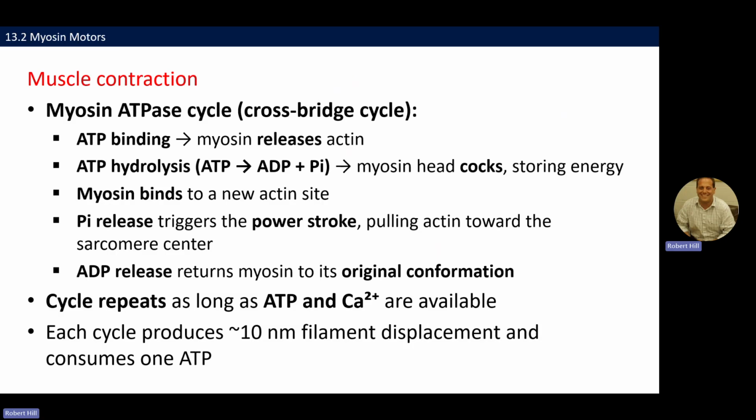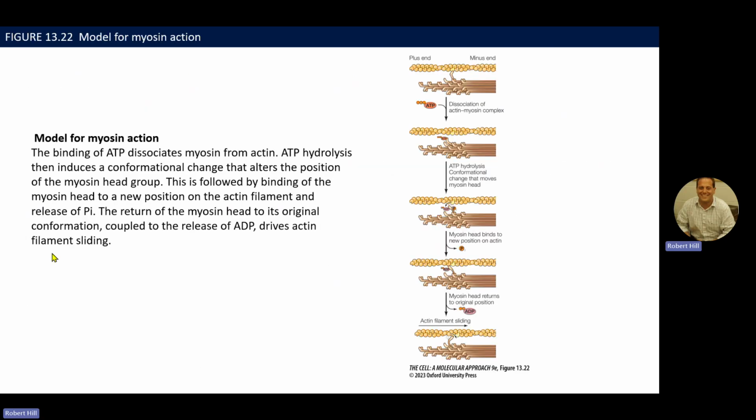But it's the repetitive, coordinated activity among millions of heads contacting millions of actin filaments that truly generates the macroscopic force of muscle contraction. And additionally, calcium is very important. We're going to talk about that in an upcoming slide, the role of calcium in the signaling.